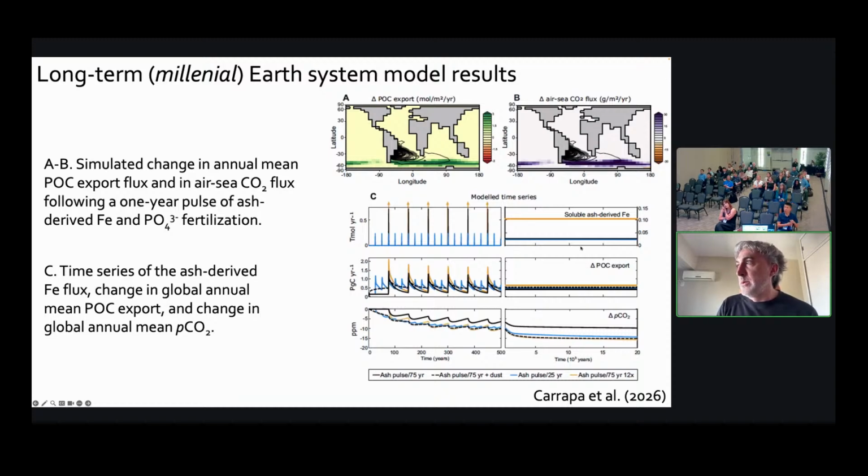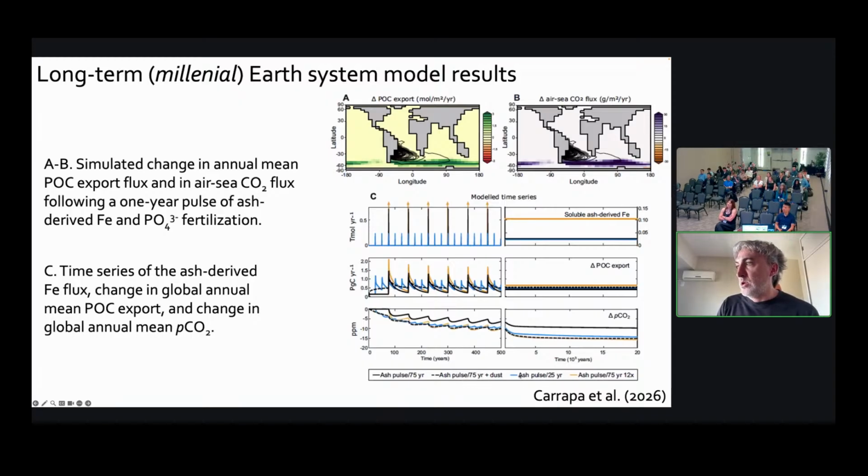And on top here we see the 5 different experiments we ran on CG1. We have the experiment where we run an ash pulse every 75 years in black. Also, the experiment where we run this same periodicity in the ash inputs plus dust.